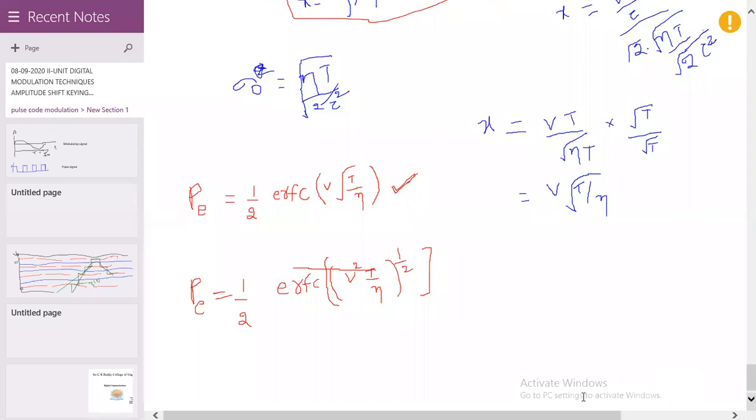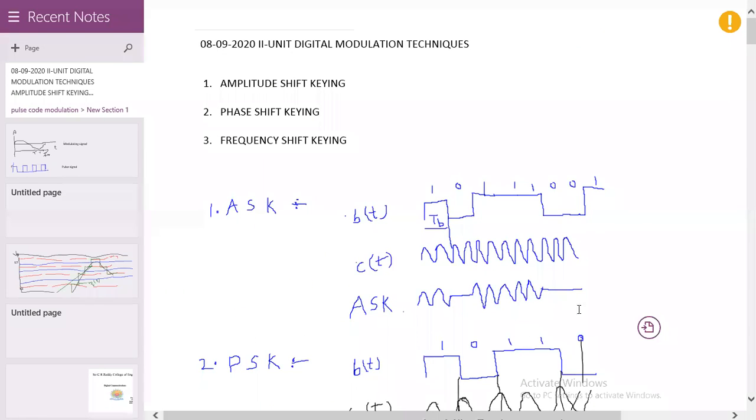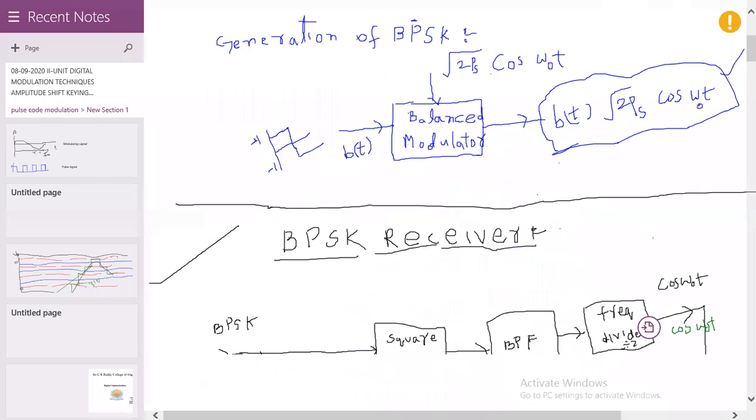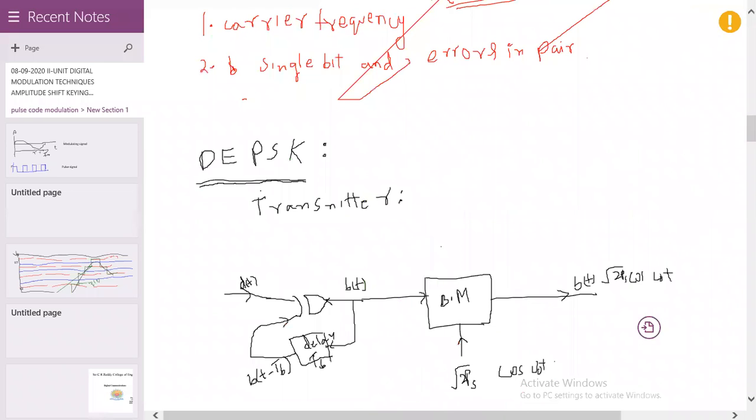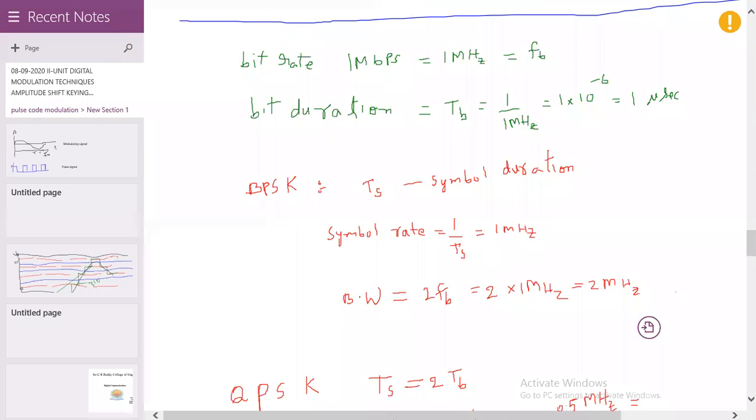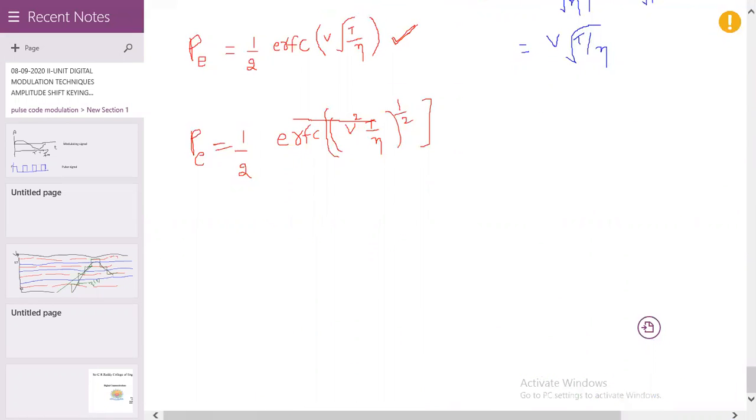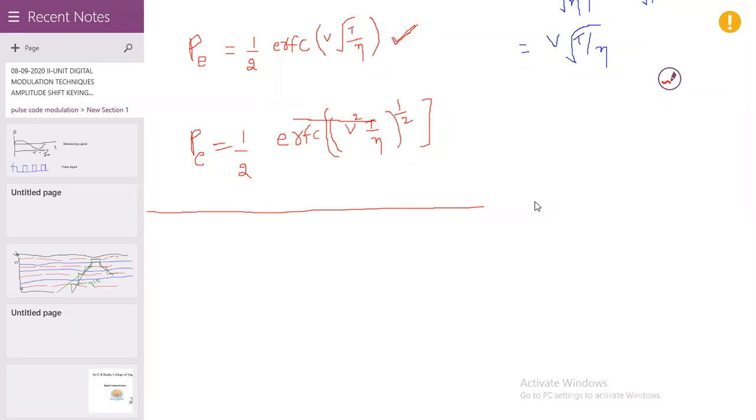In the last class we derived one expression, and that derivation belongs to the probability of error. Have all of you followed that? Probability of error is a very important topic.